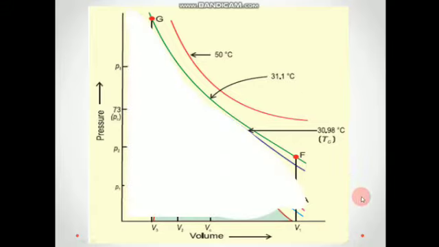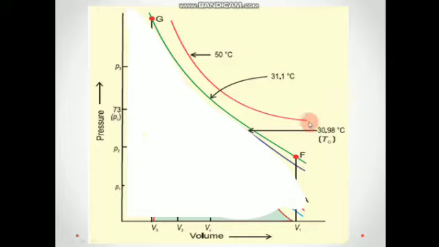First, he took carbon dioxide at 50 degrees Celsius and started increasing its pressure. Initially the volume was this much, and as he started increasing the pressure, it changed till this point, and it does not change to liquid at all.